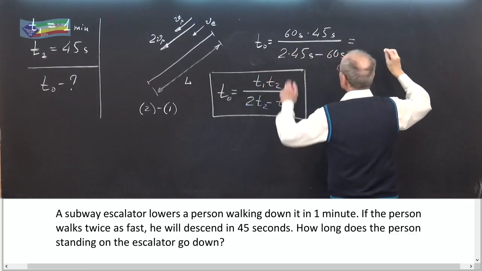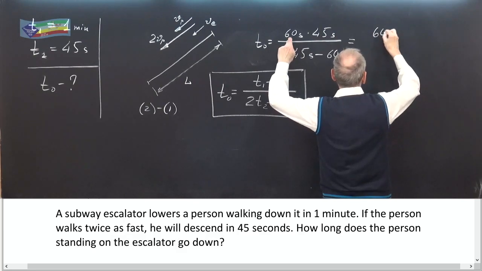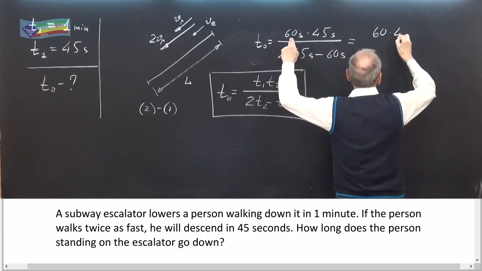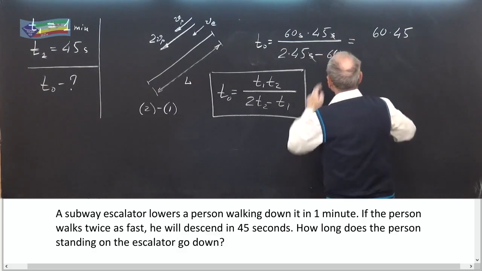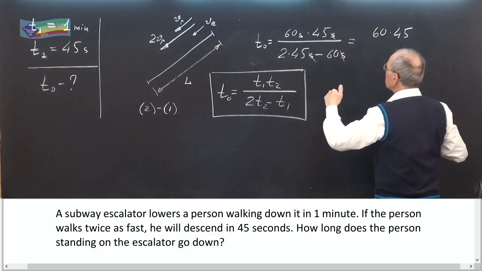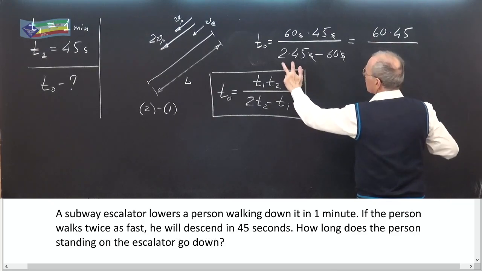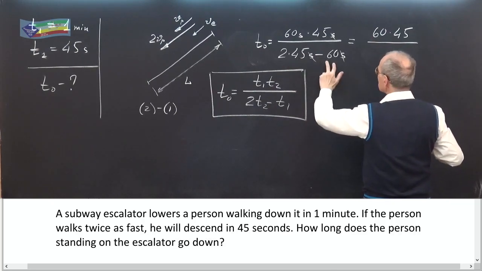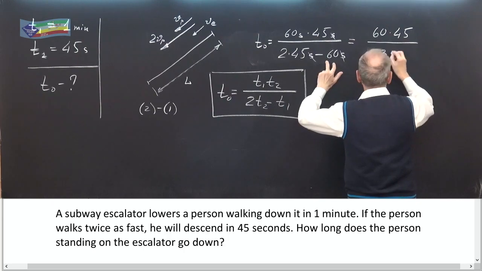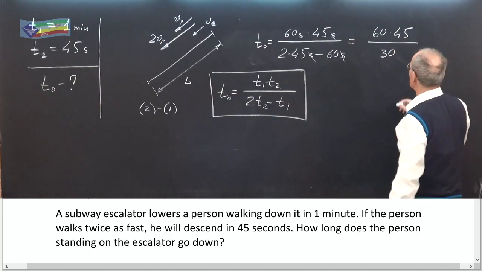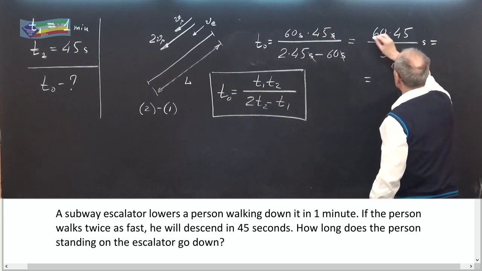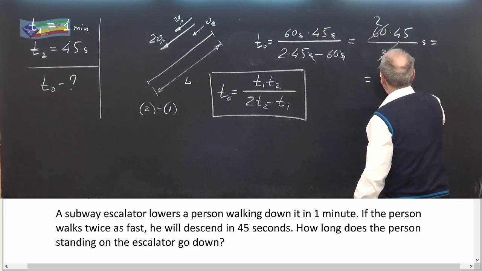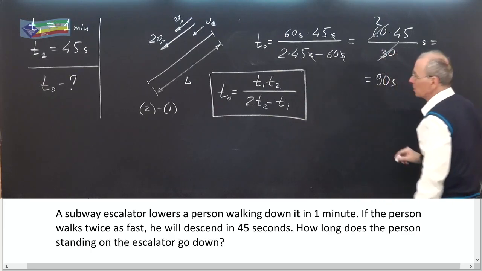It gives us 60 times 45. These seconds and this second divide out, over 90 minus 60. That is 30 seconds, or 90 seconds.